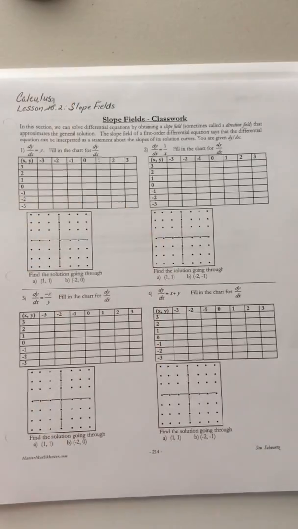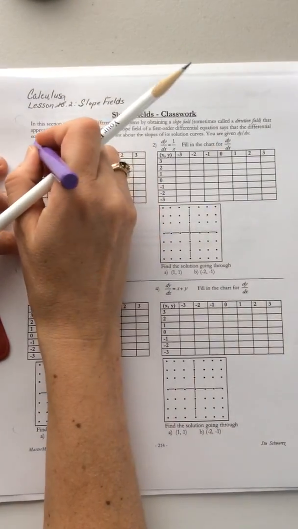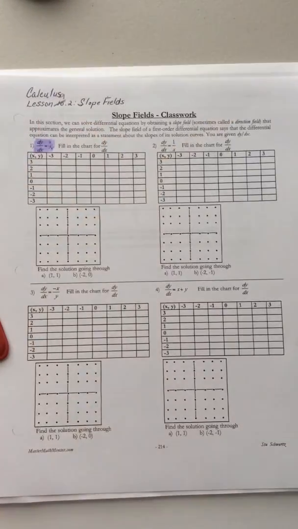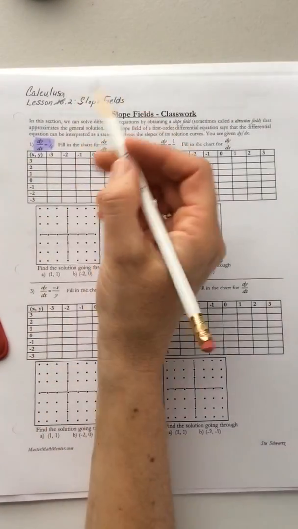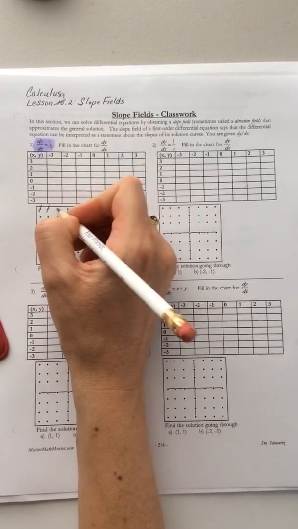On this particular one, our slope is y. So if the y value is 3, our slope is 3.